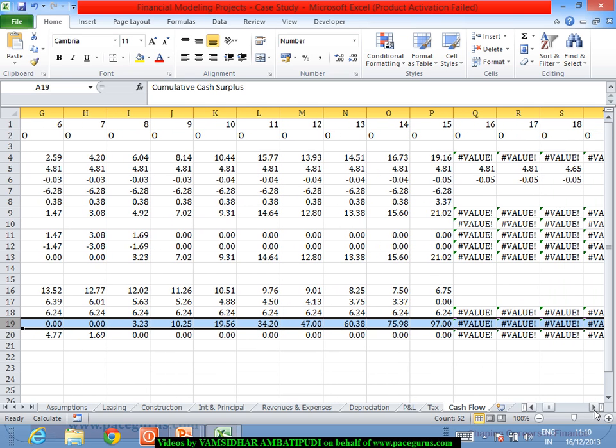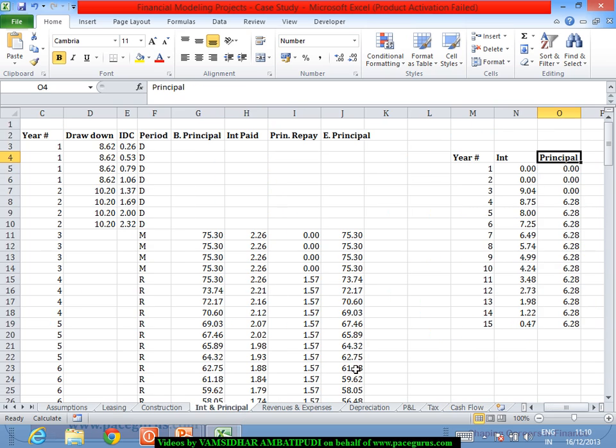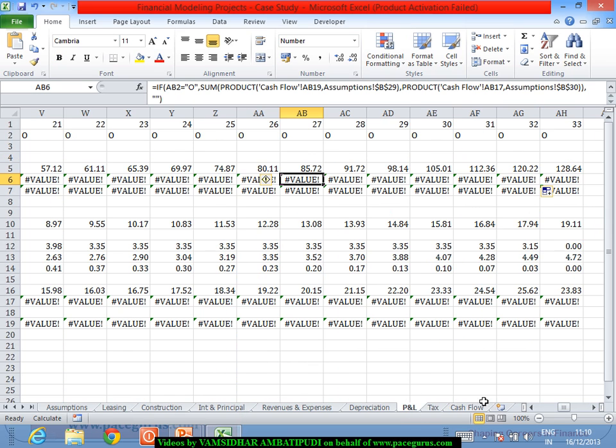Oh, here itself we have the error. So let's find out what is going on here. If this is O, P&L Q19, yeah, it is actually coming from the P&L statement itself.